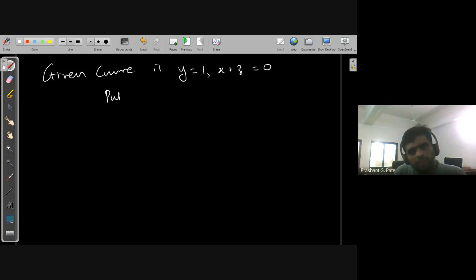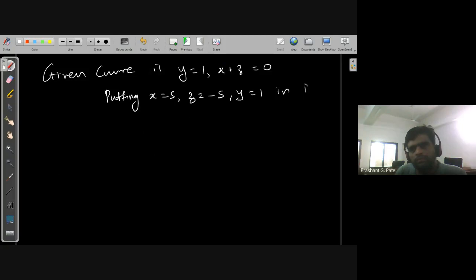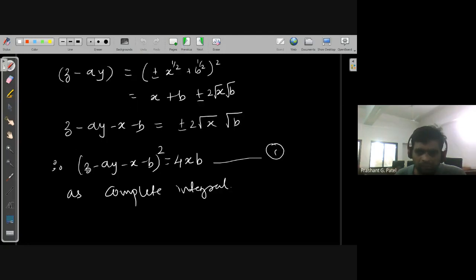So I am putting x equal to s. So z will be minus s, because x plus z is ultimately 0, and y is 1. Putting this value in equation 1, you just see what we will get. That is, z I have to substitute as minus s, y as 1.